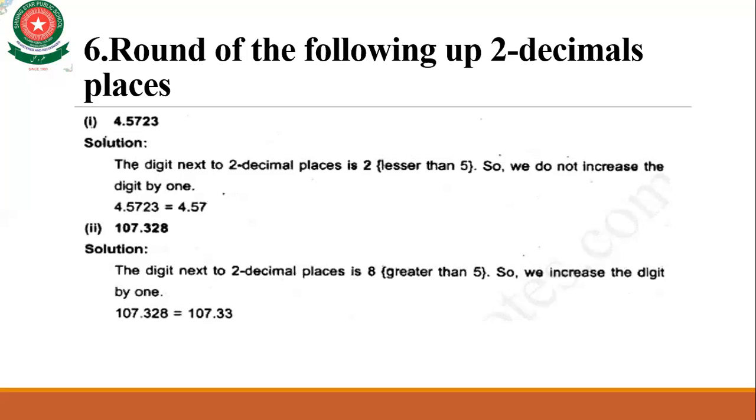So we increase the digit by 1. So 107.328 is equal to 107.33. Here 8 is greater than 5, so we have to increase the last digit, which is 2, by 1. Now after increasing by 1, we will get 3.